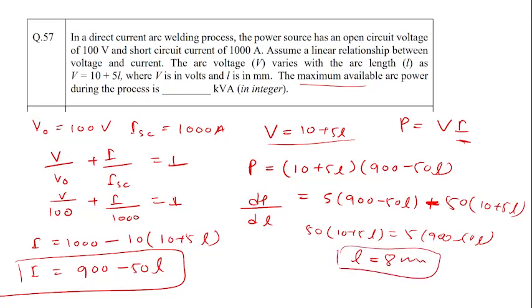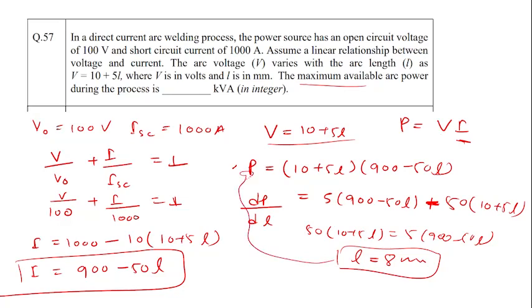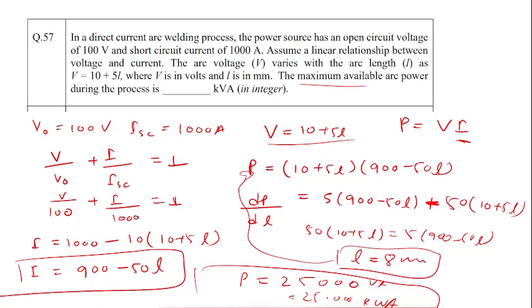From here you will calculate that for L is equals to 8 mm, you will get the maximum power. Now what we will do, we will fill this value in this equation and it will come around 25, right? 2500 volt ampere, then it will be 25.00 kilo volt ampere. Any doubt on this question?